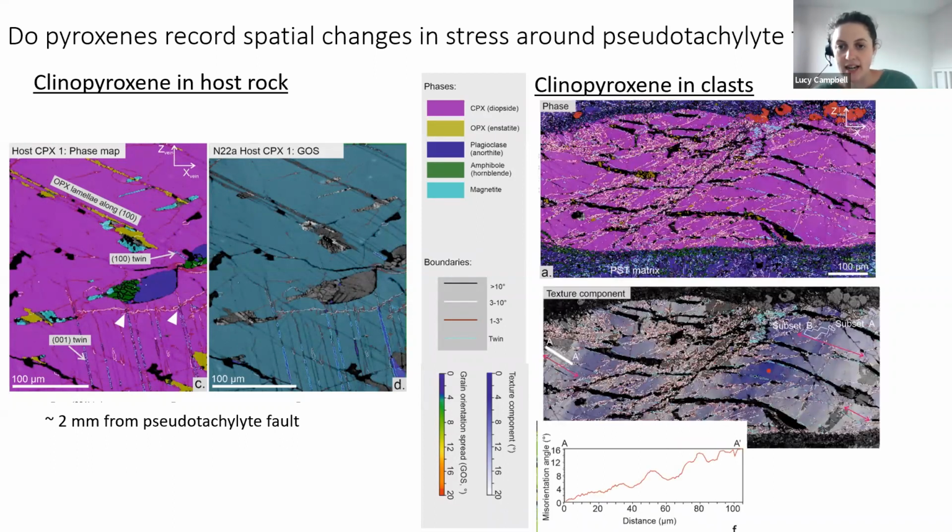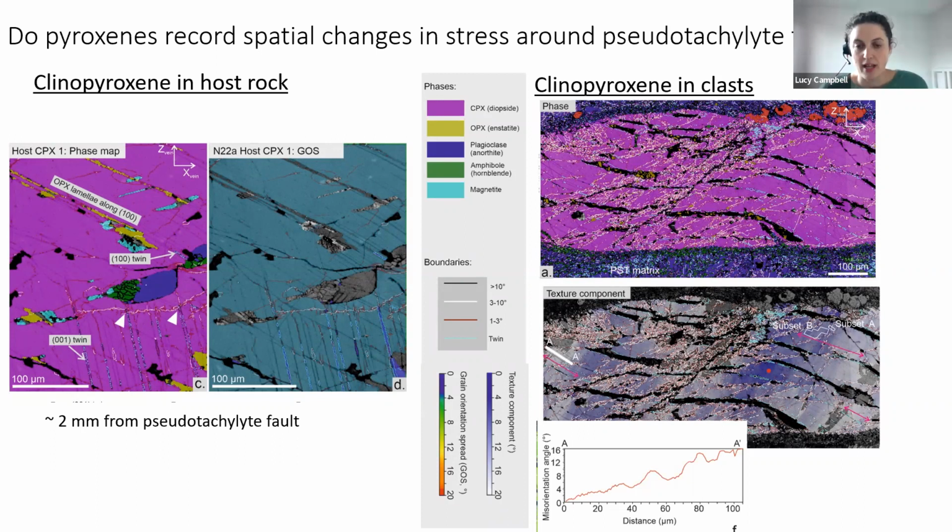When we look at clasts within the fault zone, we can see that those twins and also the orthopyroxene lamellae where present have been deformed themselves, so they're cut by various angle boundaries, and also the grains themselves are bent. So there's quite a lot going on there. But what's interesting is that we see, and I don't know how clear that is in the lower map, this is showing the difference in orientation away from the reference point in the red.